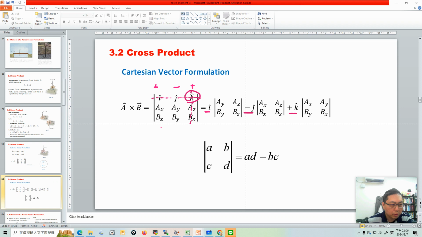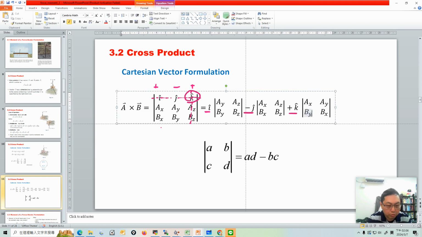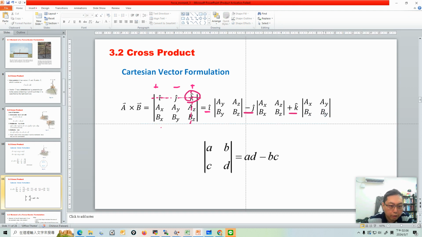AY AZ BY BZ. Then AX AZ BX BZ. And finally AX AY BX BY. Sorry, this one should be BY, so AX AY BX BY. So you block out this row and column, and you will have AX, AY, BX, BY.